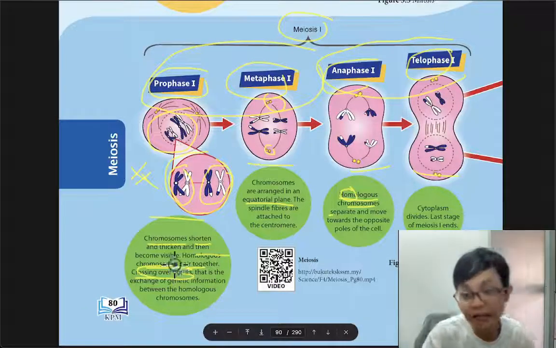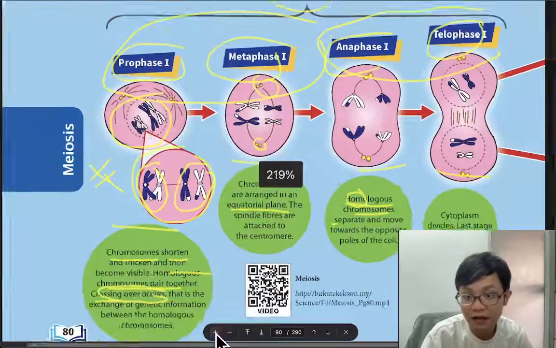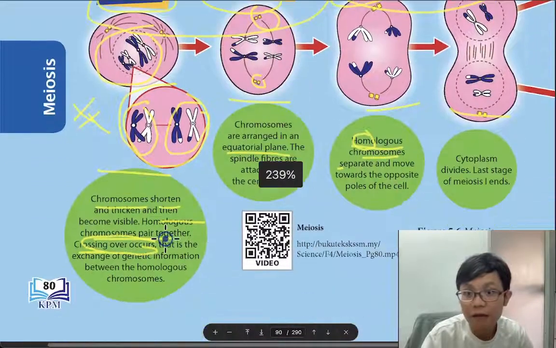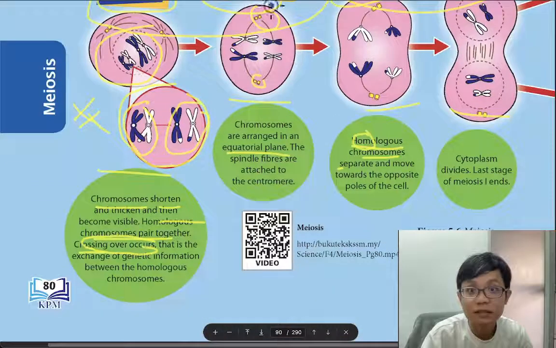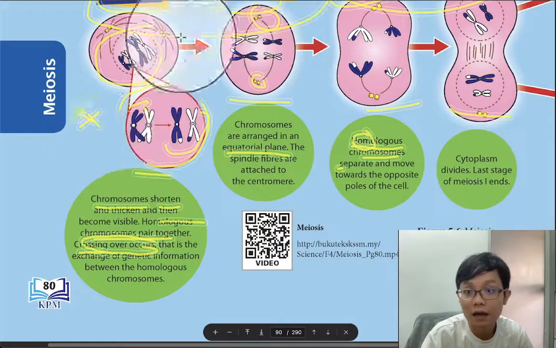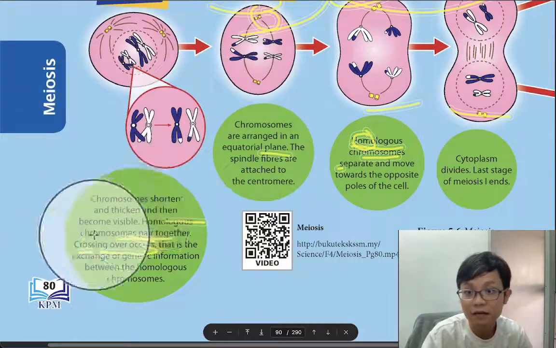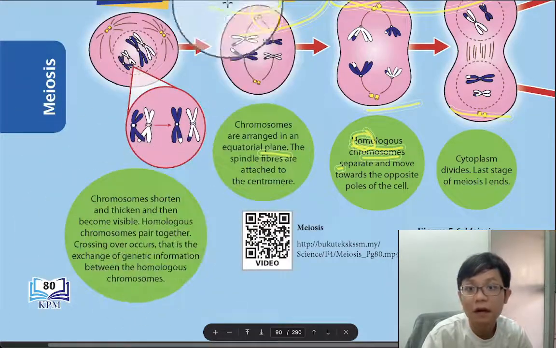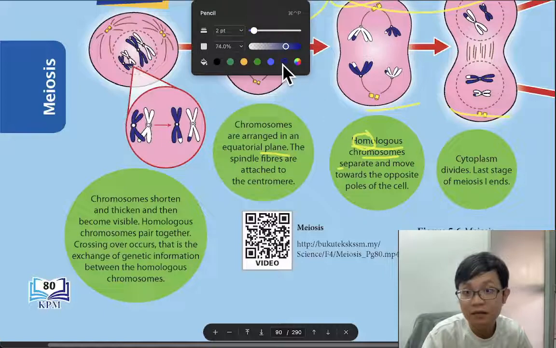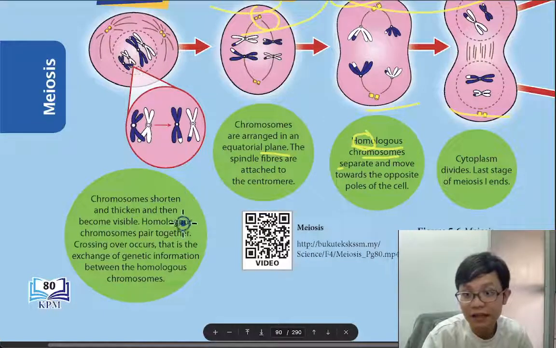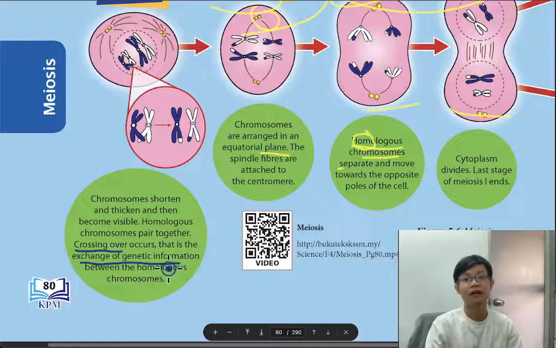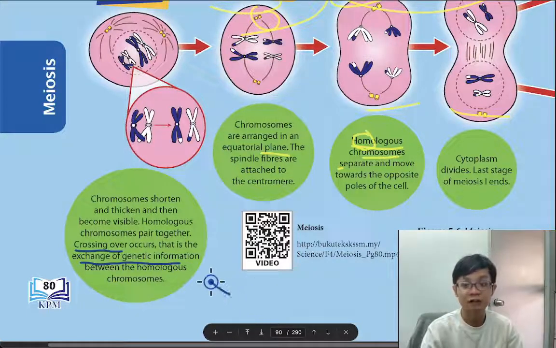Let me erase this place and take back my pencil. The chromosome becomes shorter and thicker, and there is crossing over, an exchange of genetic material. So these are the things that cause variation.